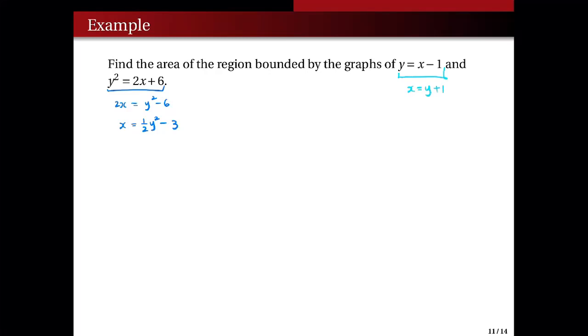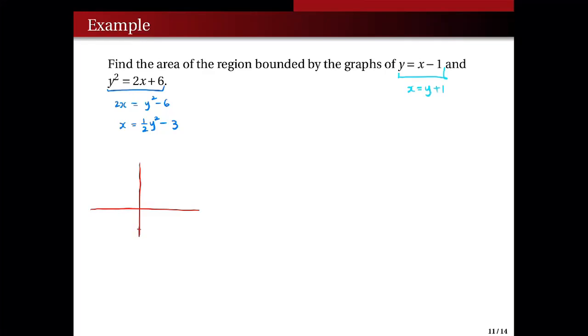Then let's sketch the graphs of these two equations here. For this guy here, let's just get 2 points because this is just a line. If we have 2 points, then we will be able to determine the unique line. For example, when x equals 0, y equals -1.